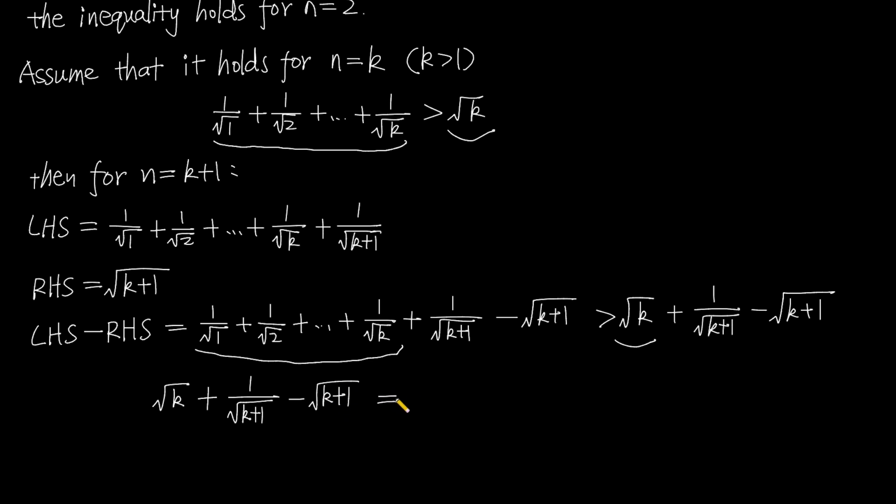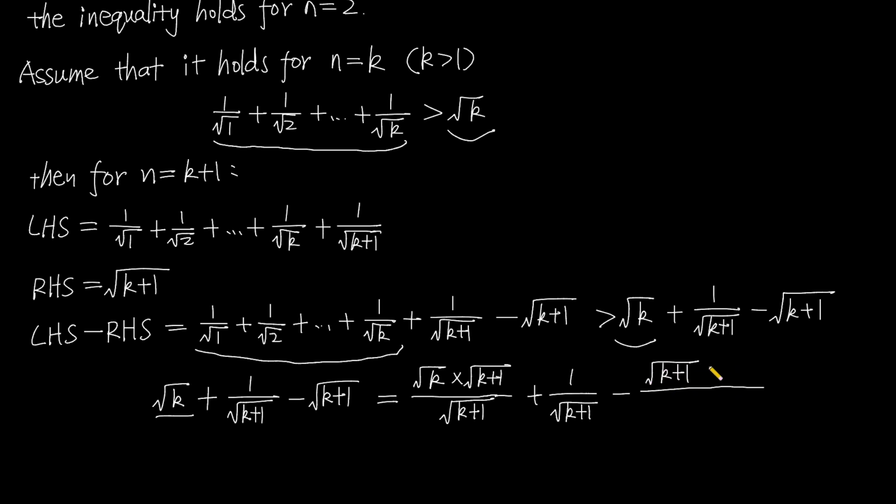This one equals the first term. We can change it to square root of k multiply square root of k plus 1, and the bottom also multiply square root of k plus 1, plus 1 over square root of k plus 1, minus, so the top square root of k plus 1 multiply square root of k plus 1, bottom square root of k plus 1.